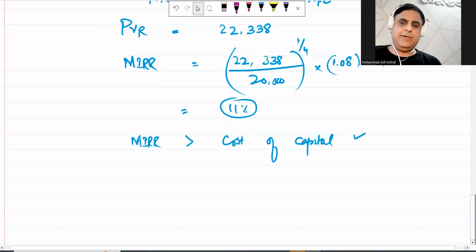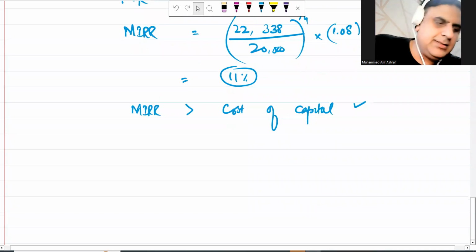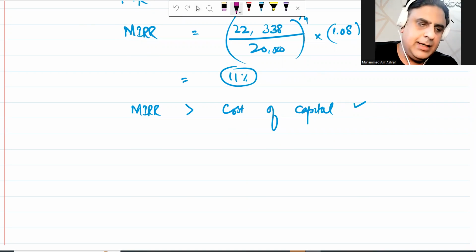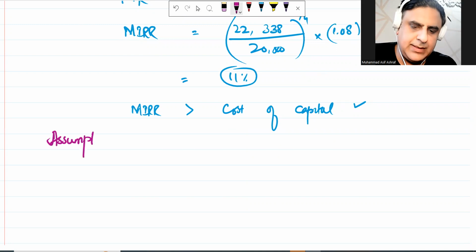Now the difference between MIRR and IRR. What is the major difference here? The major difference is of the assumptions used.